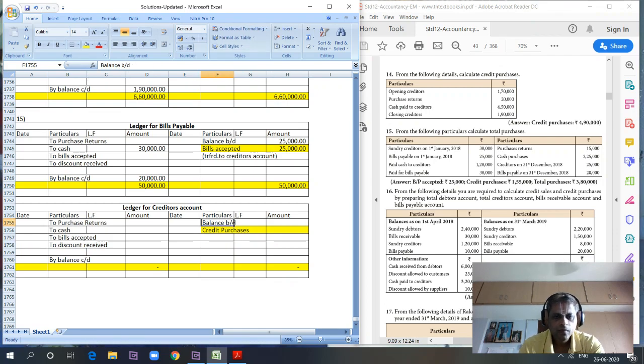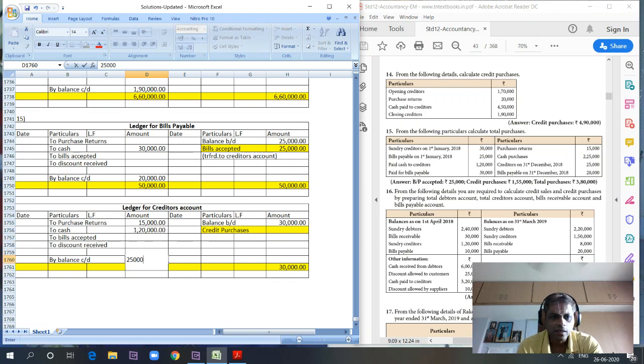So beginning balance of sundry creditors 30,000. Then we have paid to creditors 1,20,000, and then purchase returns 15,000. Then we have creditors as on 31st December 25,000.